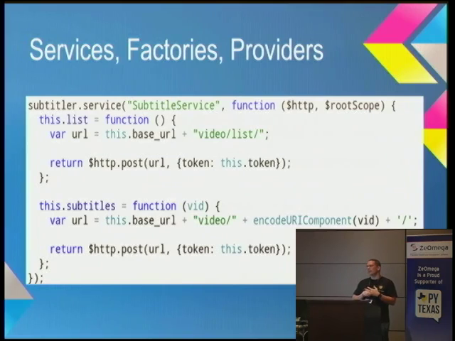A factory is, say, with Neutron Drive, I want it to actually have multiple accounts, multiple Google accounts. So I don't want just one service. I want something that can talk to your work account and your home account.